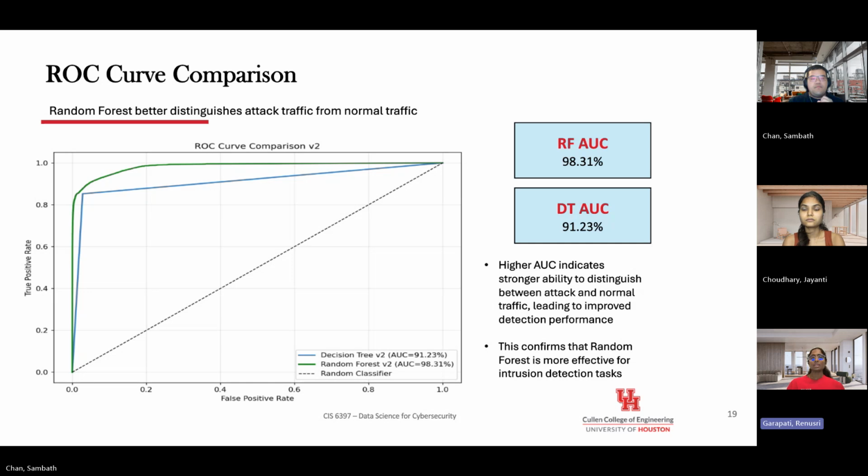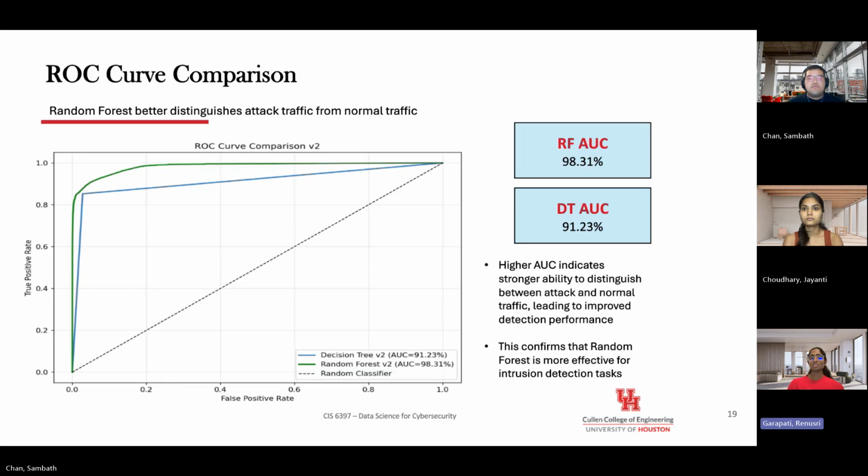We evaluate how well each model distinguishes between attack and normal traffic across all the thresholds. The random forest achieves an AUC of around 98.31% compared to 91.23% for the decision tree, which is almost 6% on the positive side. This means the random forest consistently ranks attack traffic higher than normal traffic, regardless of where we set the threshold.